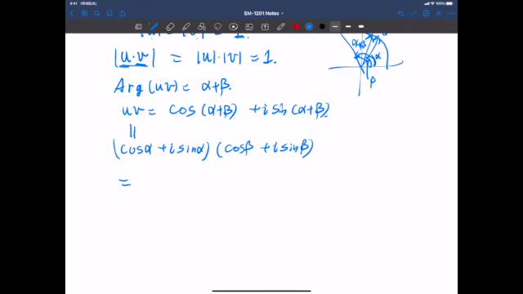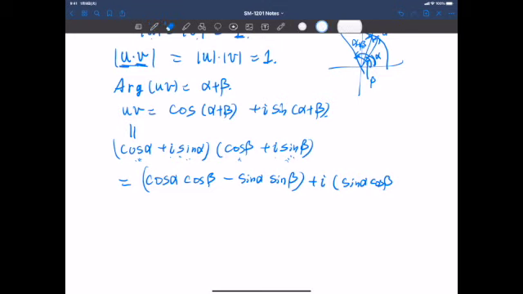If you calculate this, you have cosine alpha cosine beta, and minus, since I squared is replaced with -1, sine alpha sine beta as the real part. And the imaginary part is sine alpha cosine beta and cosine alpha sine beta.